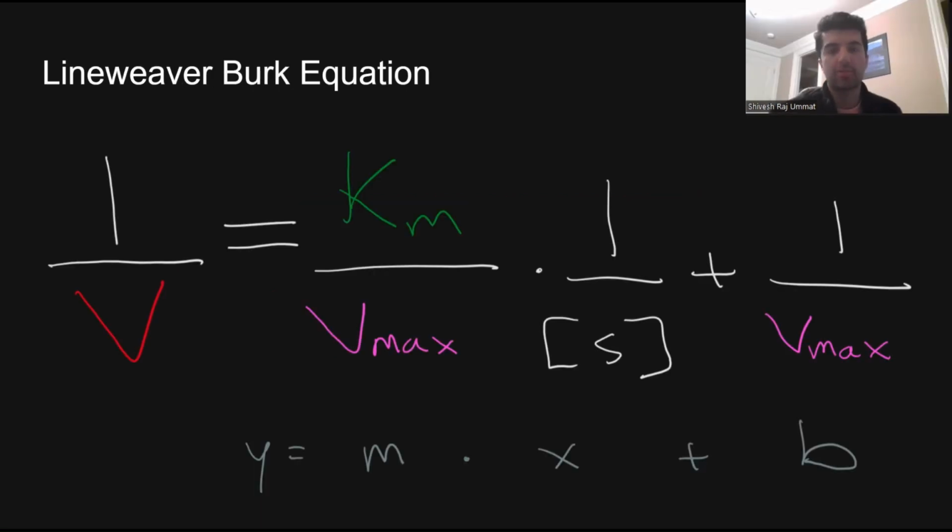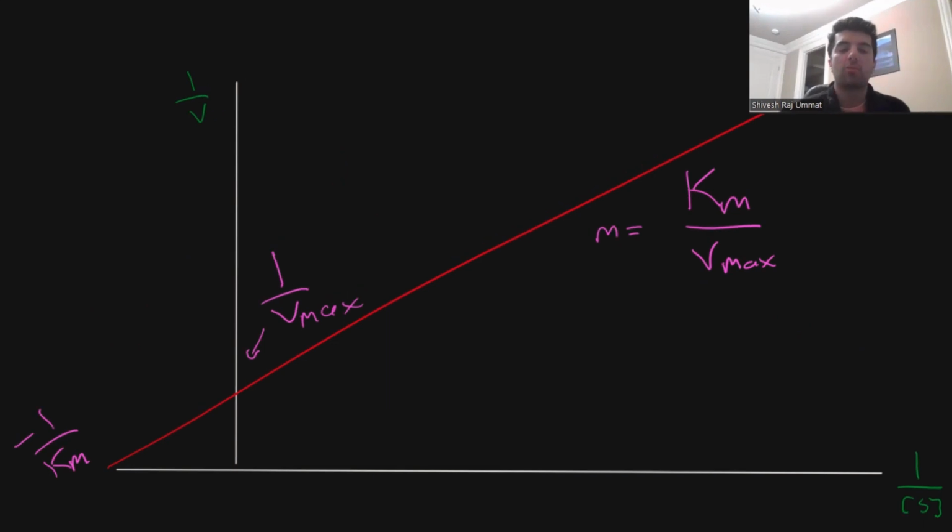So the last content that we're going to look at today is the Lineweaver-Burk equation. This is essentially a linearization of the Michaelis-Menten equation, so we'll be in the form y equals mx plus b. It doesn't make as much sense to look at it in this form because there are so many reciprocals here. But when we look at the graph, it makes a lot more sense, because we're plotting 1 over V on the y-axis versus 1 over substrate concentration on the x-axis.